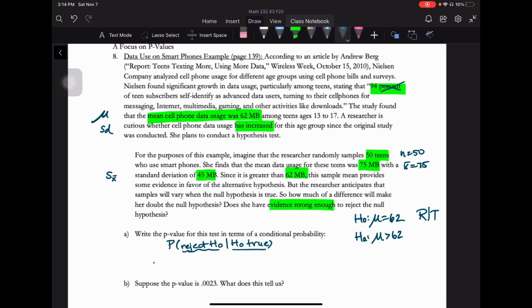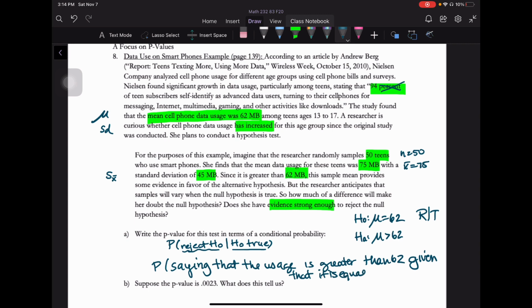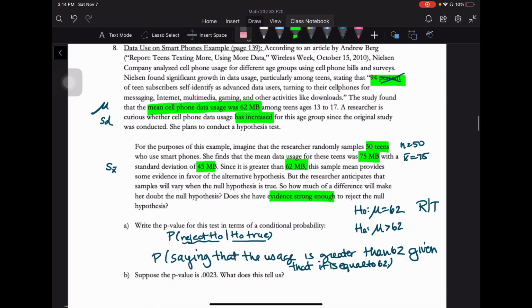So we're saying the probability of saying that the usage is greater than 62, given that it is equal to 62, which would not be a good thing. This is actually an error of saying, like, if I said that it was greater than 62 when it really wasn't, that's an error. That's a type 1 error, and we'll talk about error in a little bit as well.